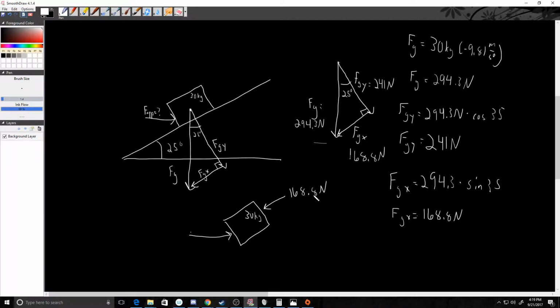If this is the minimum I have to reach in this new x direction, I need a new triangle where I know that this is 168.8 newtons. This angle will be the same as this angle here, so this is also 25 degrees. All right, that's going to help us. This would be my force applied.